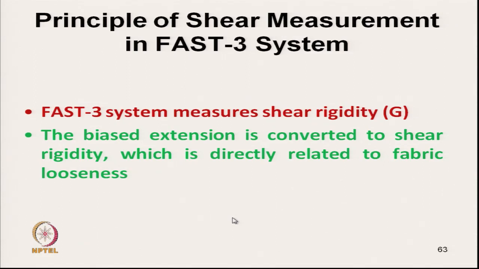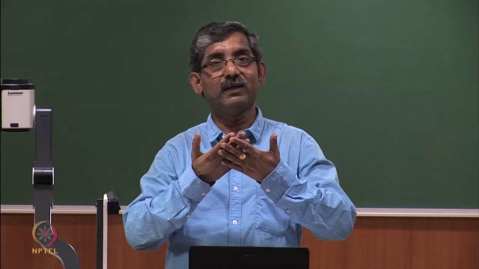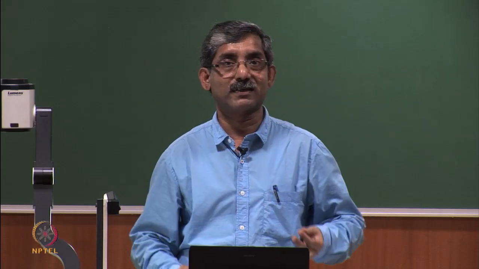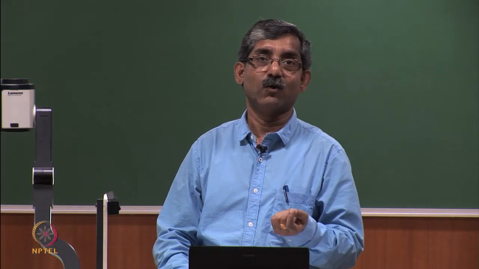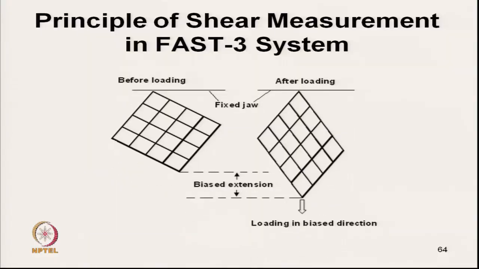So, if the warp and weft are loose enough, then the shear rigidity will be low. That means there will be higher biased extension if the fabric shear rigidity is low. So, this is the way we express it.